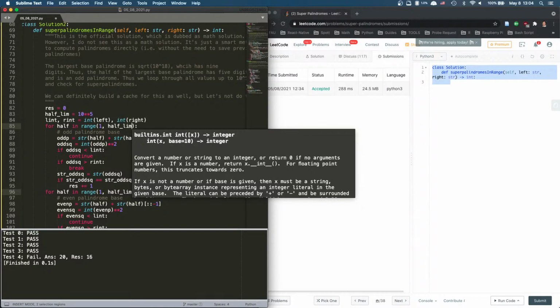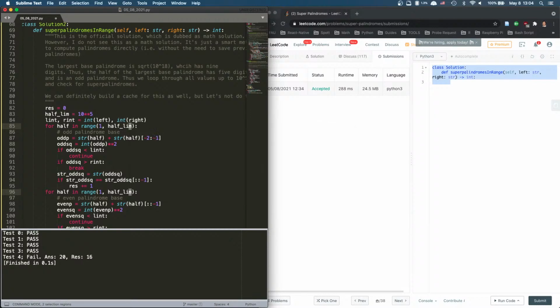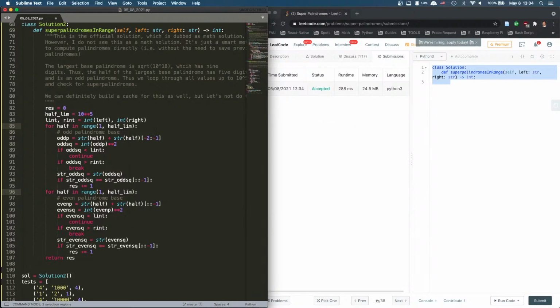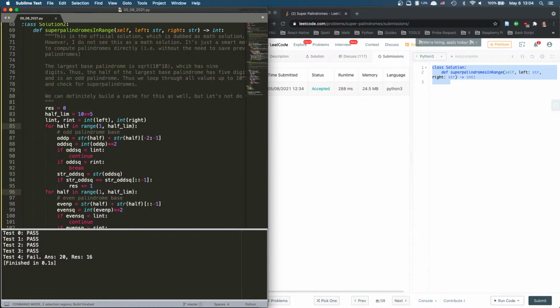Yes, 10 to the 5th is 6 digits, so 5 digits. That is true. Okay. Then it's still not right. We want to have 5 digits, right? 1, 2, 3, 4. 10 to the 5th is 6 digits. Right? 1, 2, 3, 4, 5. That's for half.